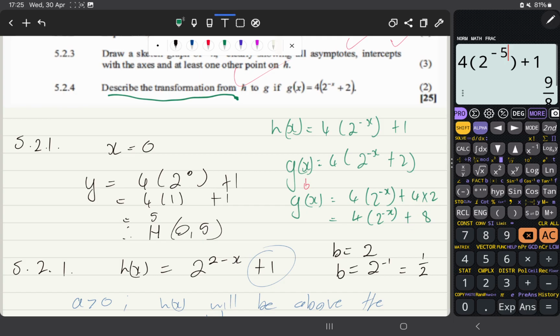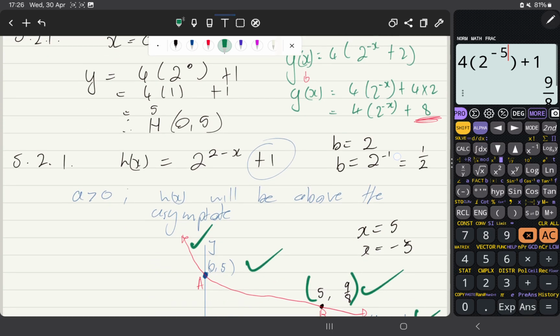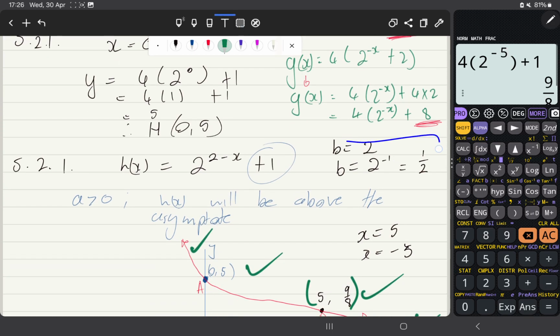Now remember, originally you had plus 1. Now you have a plus 8. What does that say? That says that your graph shifted. So h of x shifted, but how many units? It shifted 7 units.